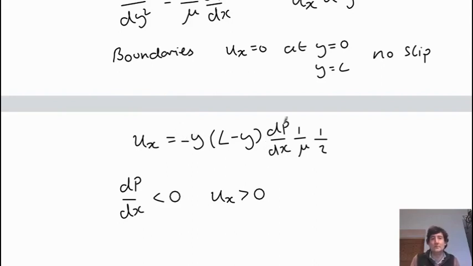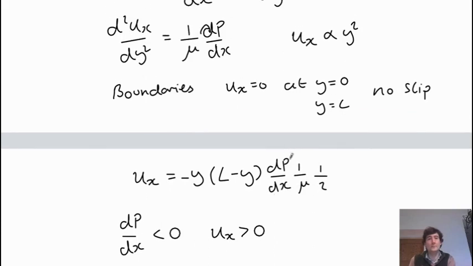So then if this is negative inside the channel, this is positive because y is less than L, and so this whole thing becomes positive. And so we have a flow which looks like a quadratic, pinned to 0 at the boundaries, and is proportional to this dp by dx divided by mu.